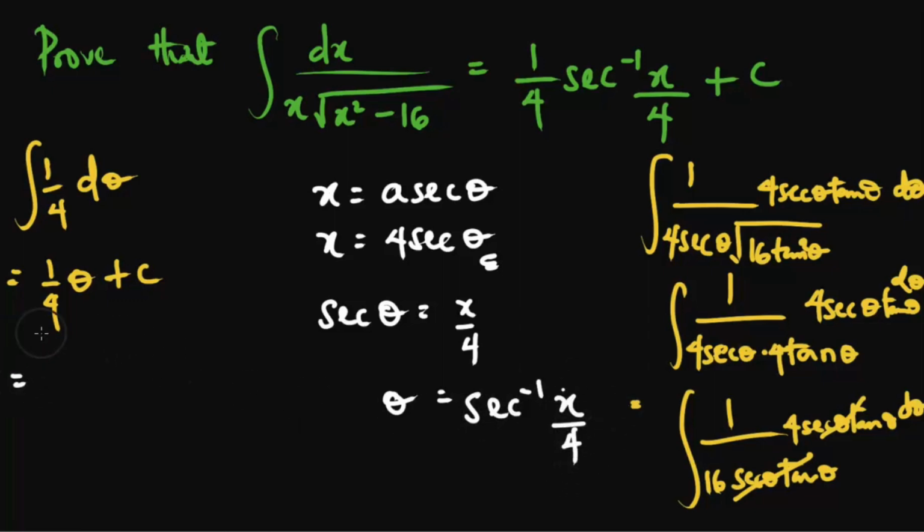So we're going to come back here and say that our answer is 1 over 4 sec inverse of x over 4 plus c, which is exactly what we have here.